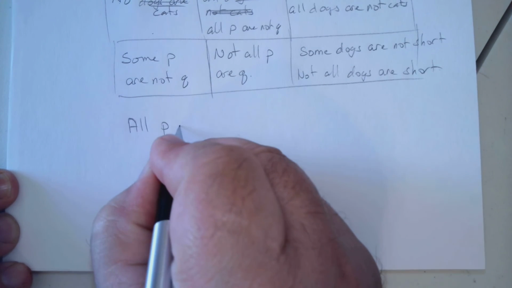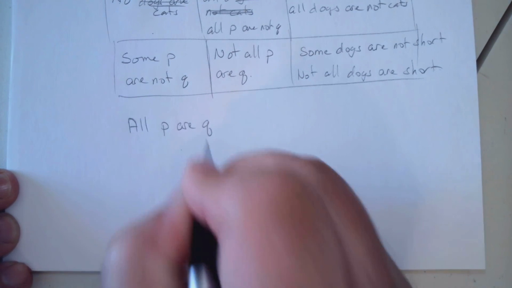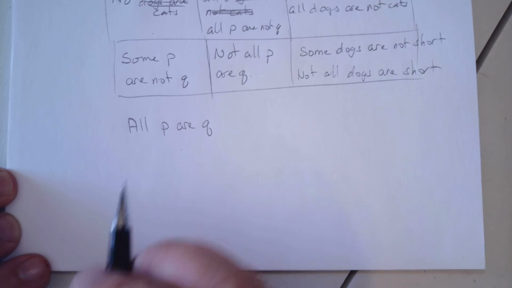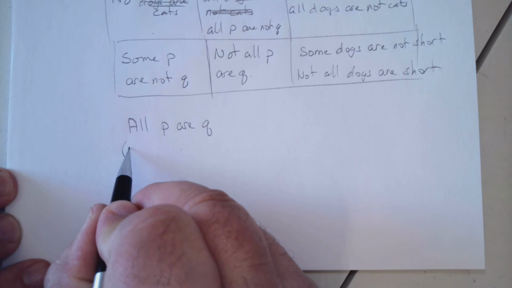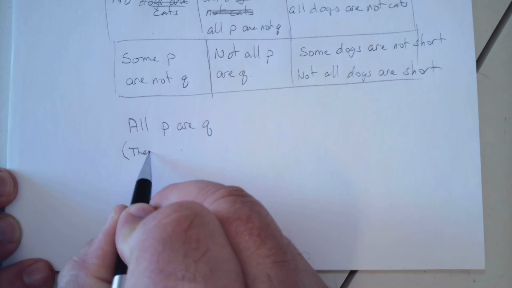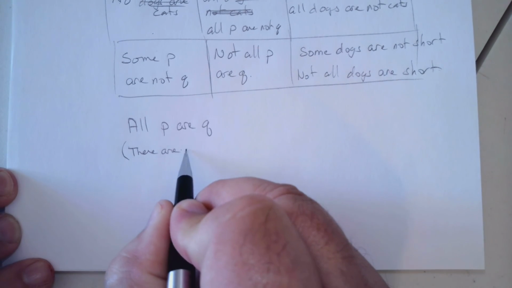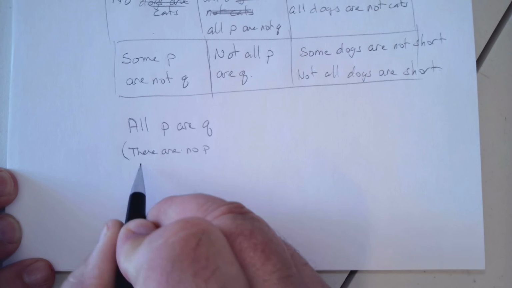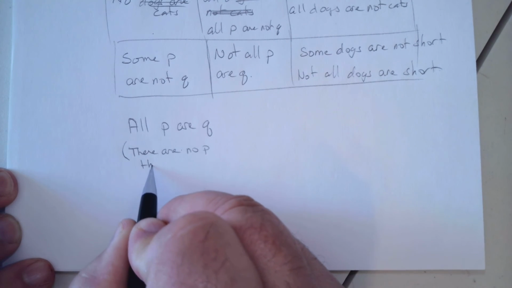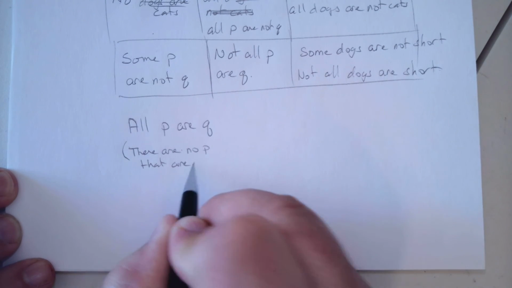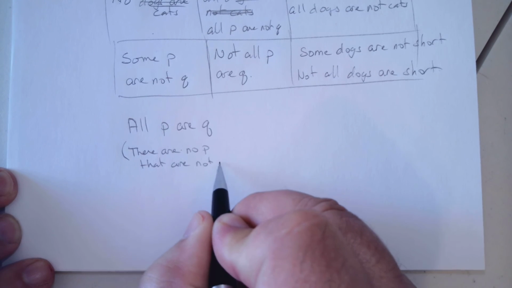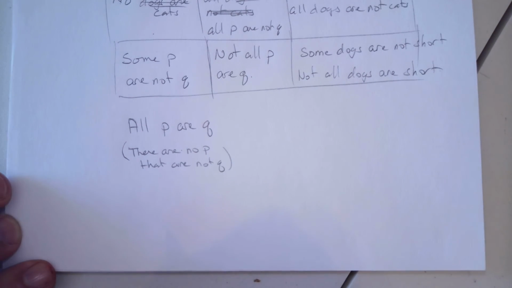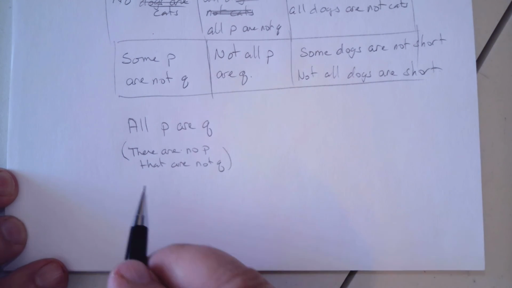All P are Q, and the equivalent is there are no P that are not Q. Let's look at the next one.